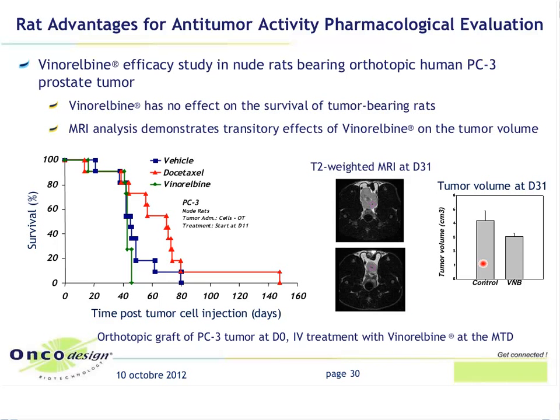These MRI results are interesting and show that it is possible to observe an anti-tumor activity without an increase in the survival of animals. Similar results were observed in orthotopic xenografted glioma models.